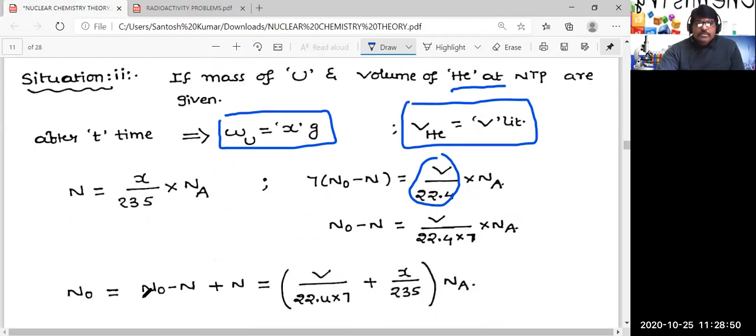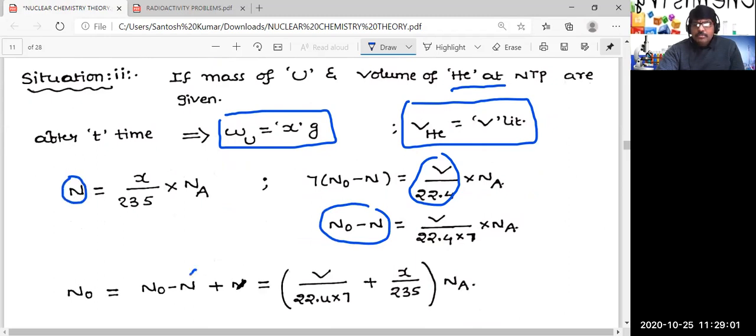In order to get the value of N naught, I'm taking the summation of these two, N naught minus N plus N, that is obviously equal to N naught, and N naught minus N means the volume of alpha particles liberated in T time at NTP in liters.